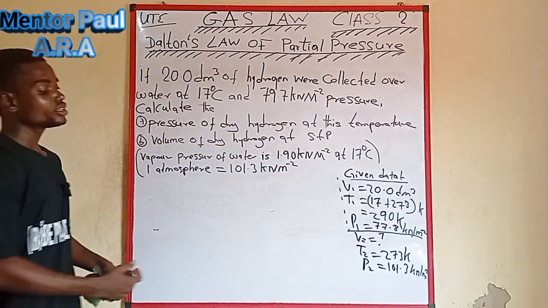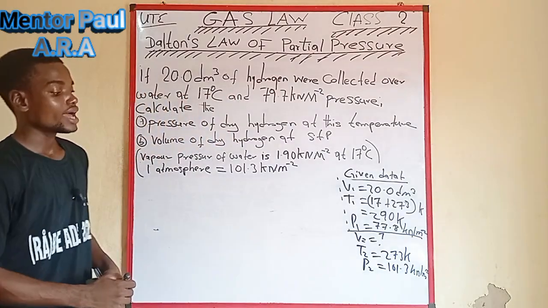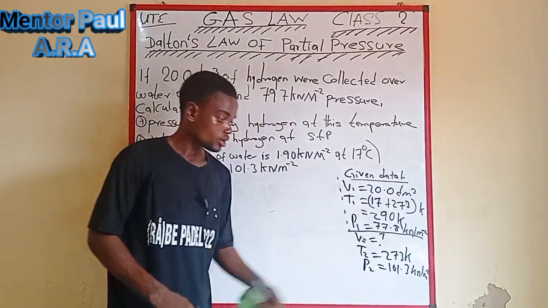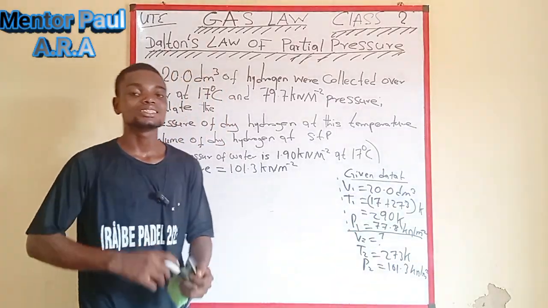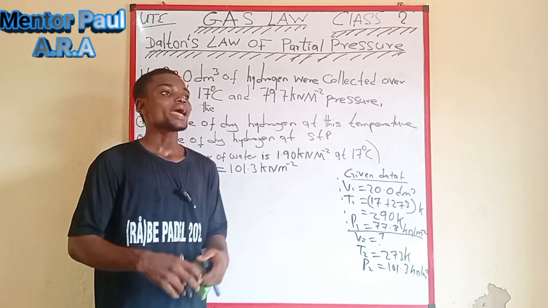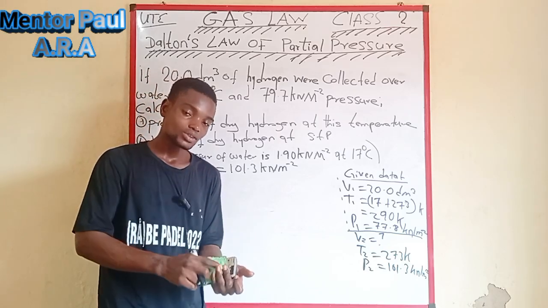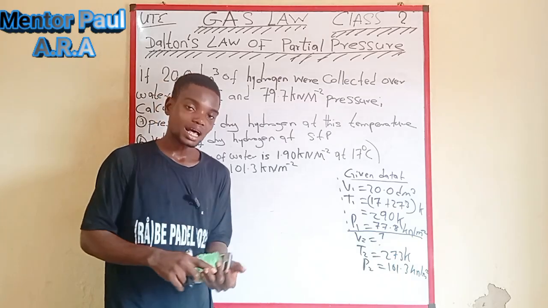All right, so now these are the variables that we have over here: volume, temperature and pressure. The formula suitable here is the ideal gas equation. The ideal gas equation is the combination of both Boyle's law and Charles' law.